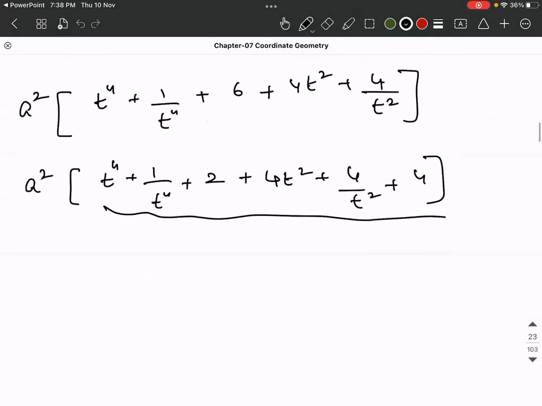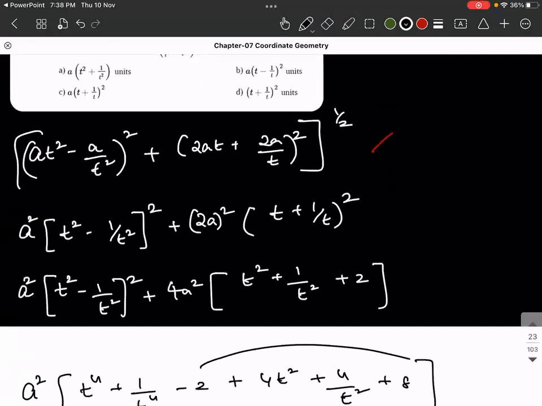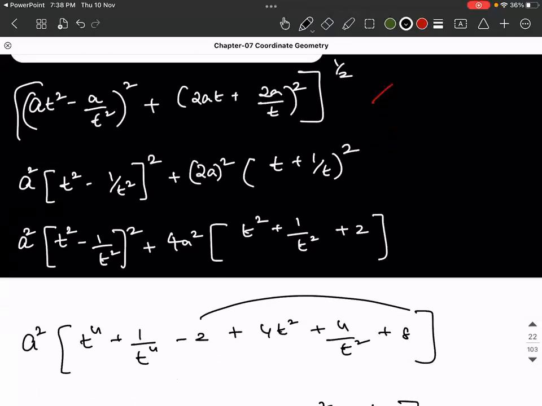Here we can write this as a square into (t square plus 1 by t square plus 2) the whole square. And remember, all these things are under a square root.